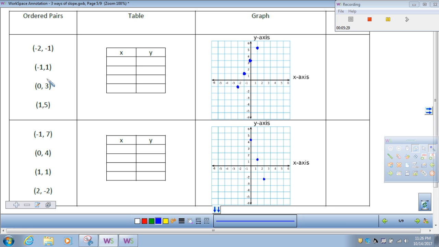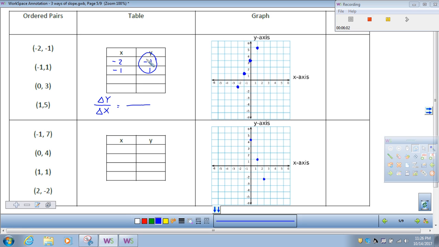If we were given points, we want to take those points and put them in a table. And I only need 2 points for this to work, so I'm just going to take the first 2 points today, and we will then do the change in y. That triangle right there means the change over the change in x.